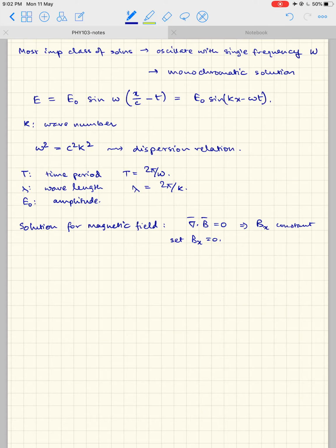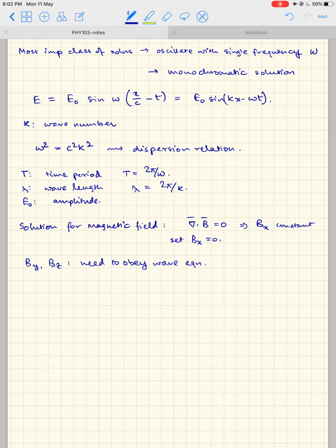Now B_y and B_z need to obey the wave equation.